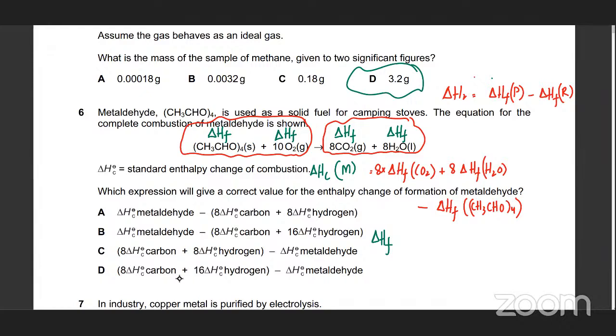Or metaldehyde, I'm just calling it M. Okay, just writing the expression neatly. 8 times delta HF of, just 1 second, let me write this first. Minus delta HC of M. Okay, we've come this far.